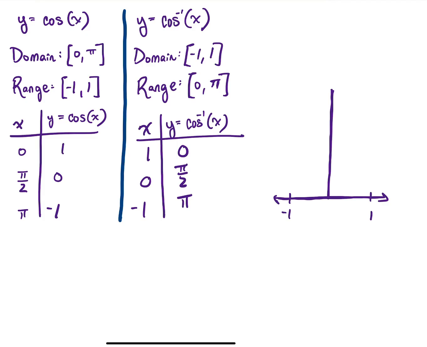That will be our domain. And then the range is going from 0 to pi. So let's place pi over 2 in the middle here. So we have the point -1, pi. So start up here. We have the point 0, pi over 2 and the point +1, 0. And we get another smooth curve in between. And this will be our inverse cosine.